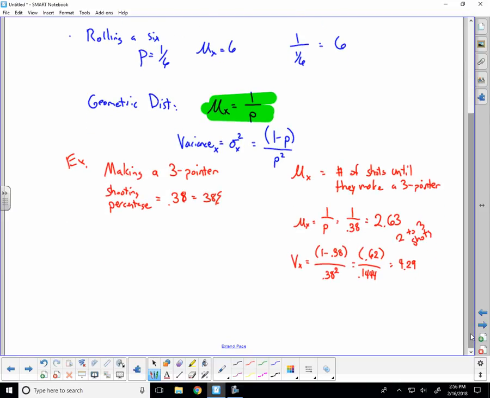And then what do we do to find the standard deviation? Remember, we just take the square root. That's right. It's about how much?